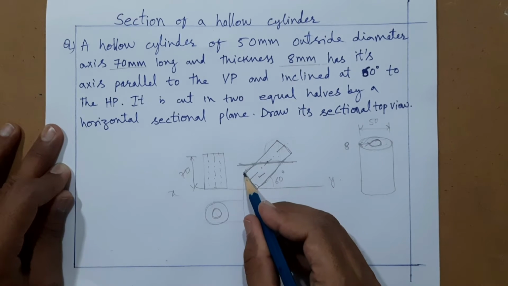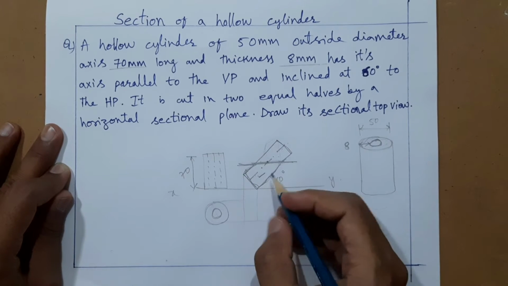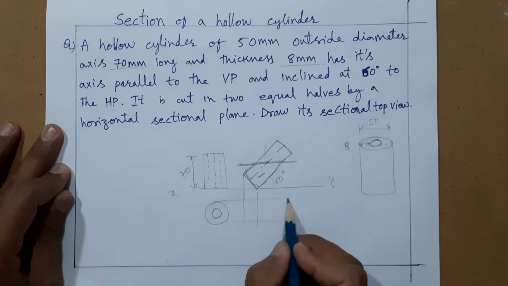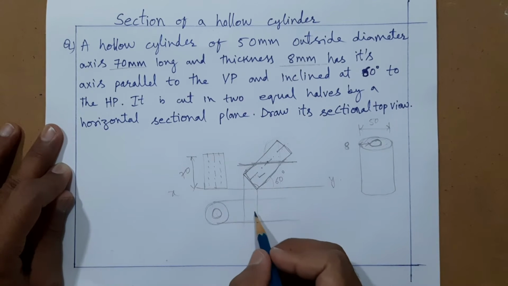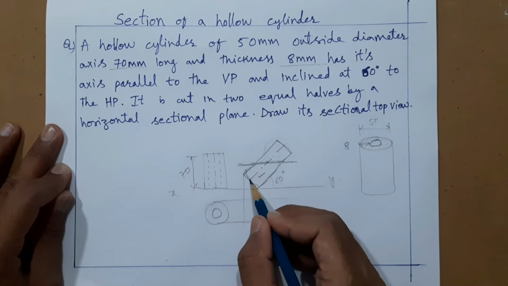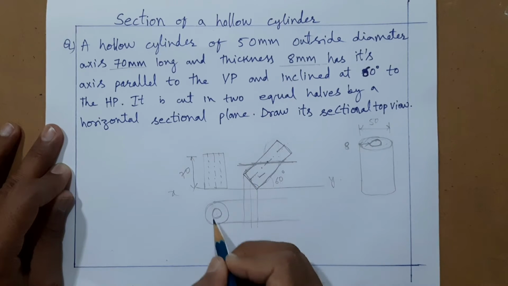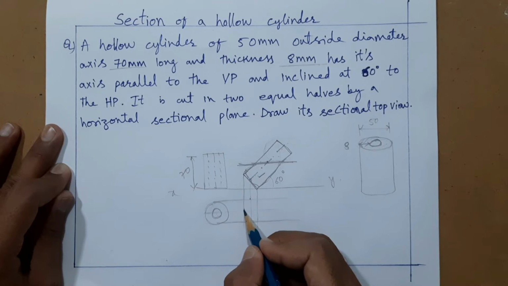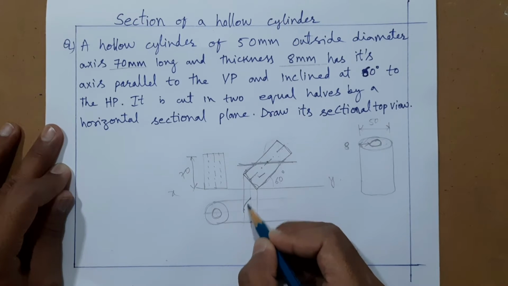So here this end projector, I hope projectors are visible. I am drawing little thin projectors like this. And axis is here, so that also one projector, and here horizontal construction line we will draw. So we will be getting some points over here like this. Understood?